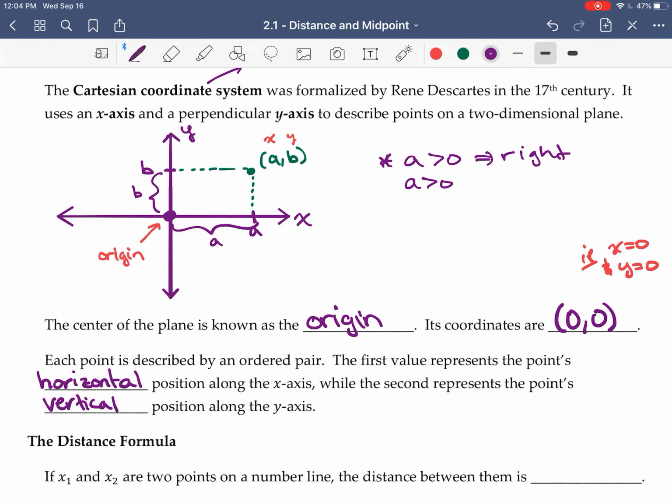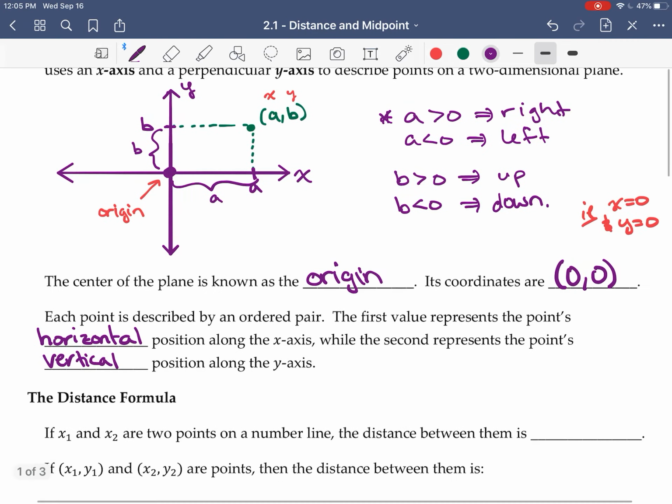And if A is negative, then you're going left from the origin. And if B is positive, then you're moving up. If B is negative, then you're moving down, right? So A is the horizontal position, whereas B is the vertical position.